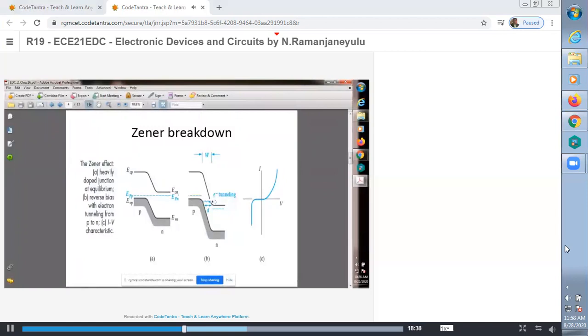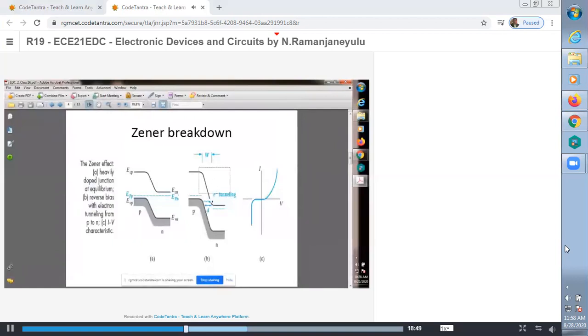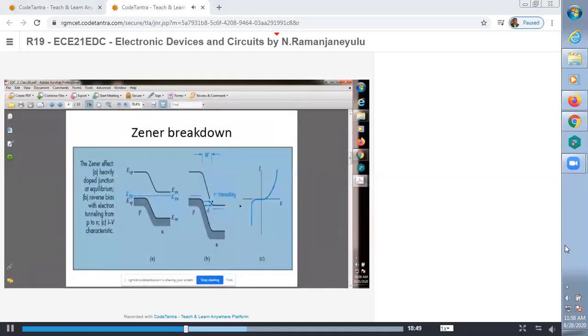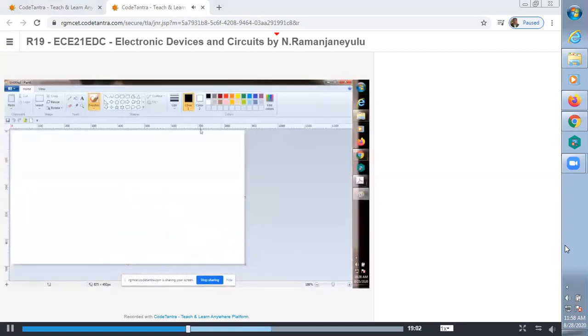Actually, what is the procedure? The normal procedure is that a P side electron moves into the P side conduction band, and once it reaches the P side conduction band, it moves to the N side conduction band. Otherwise, I will explain here. Go for paint. The normal procedure here is: this is the valency band, this is the conduction band.